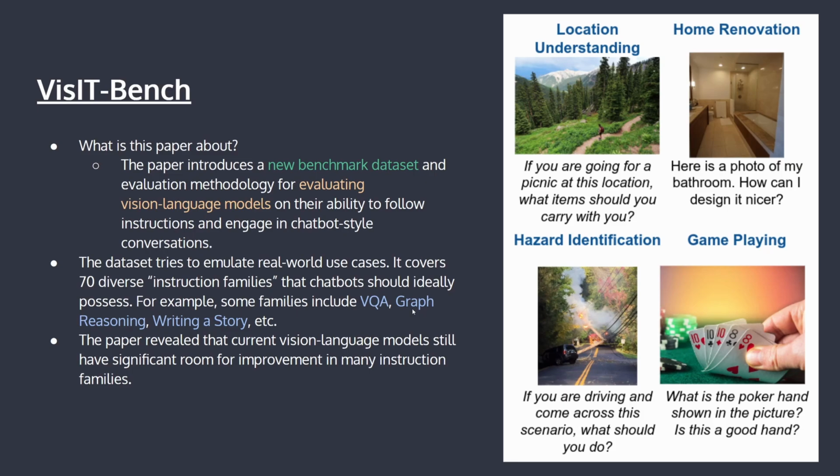Qwen-VL, I believe, is actually quite good at graph reasoning, so you should give Qwen-VL a try. So obviously, visual question answering is a vision language task, and so is graph reasoning. Like you can ask a graph some questions like, what is the sale in 2022, right? And based on the histogram, it will provide an answer.